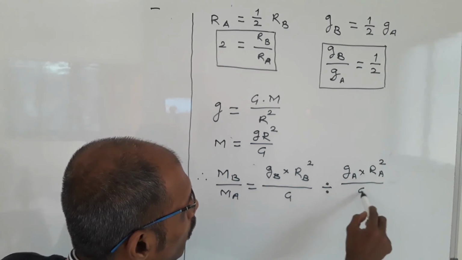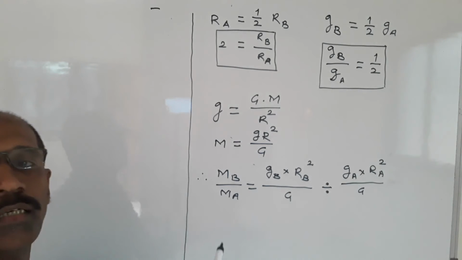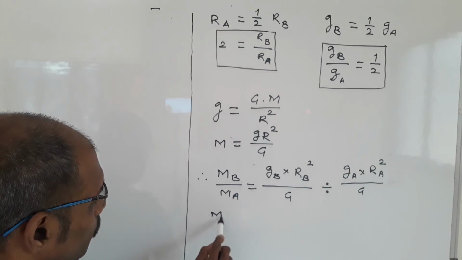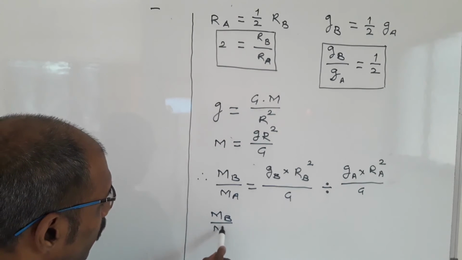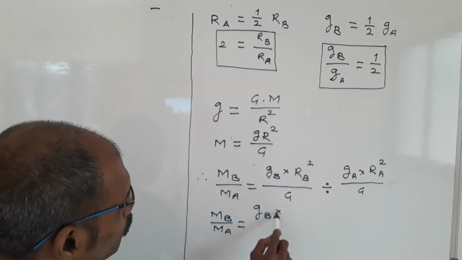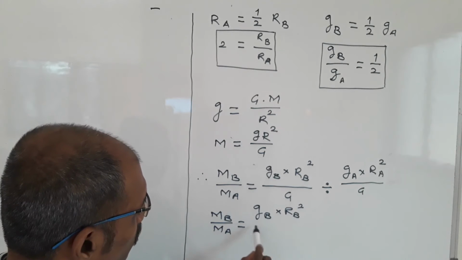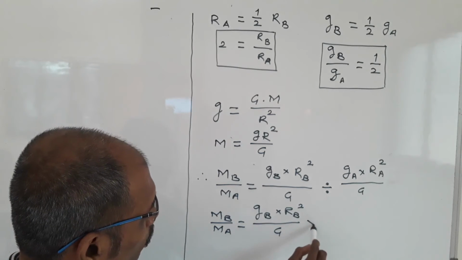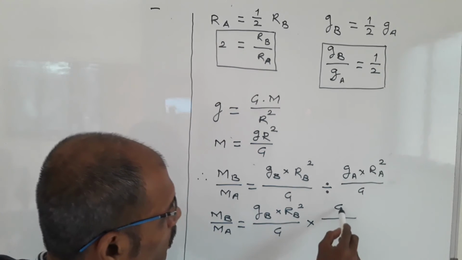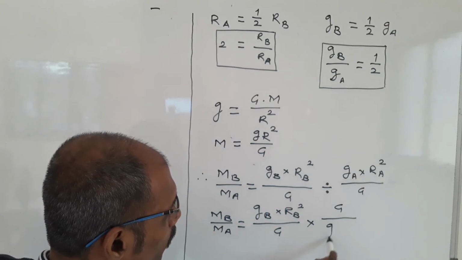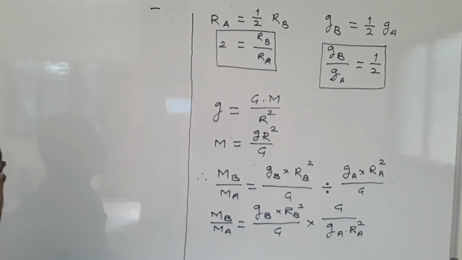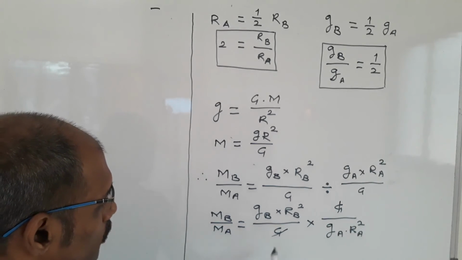square upon g. Now we take the multiplicative inverse of this. Therefore mb upon ma is equal to this gb into rb square upon g. Multiplicative inverse of this, we take this denominator as numerator and this numerator as denominator, ra square, this way. Now here g cancels.